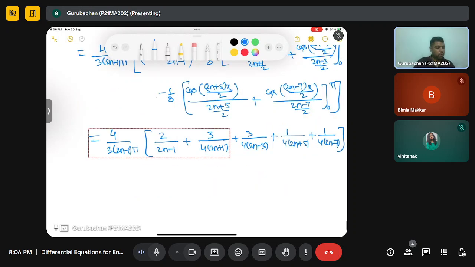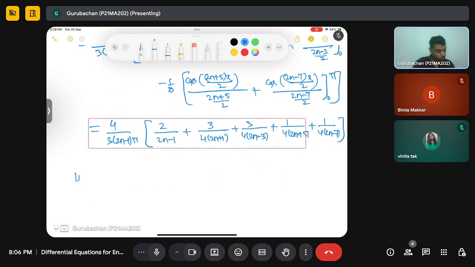These are your values of Bn, and what will be your u(x,t)?